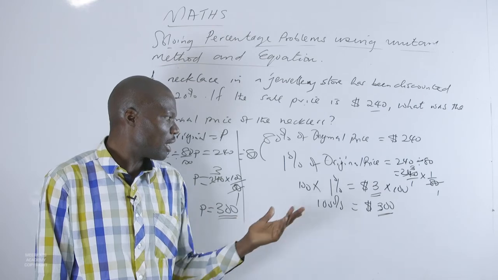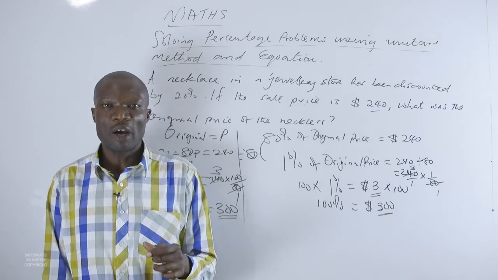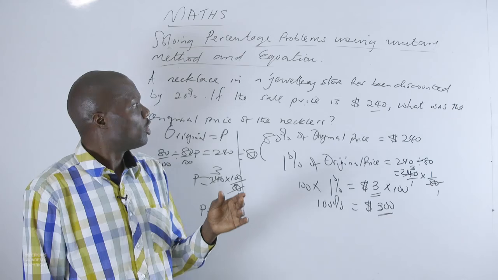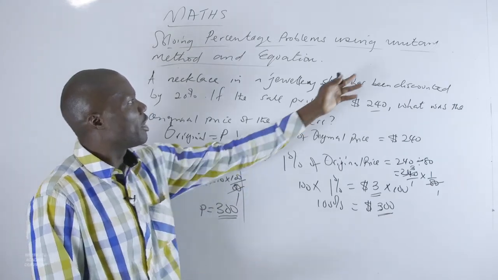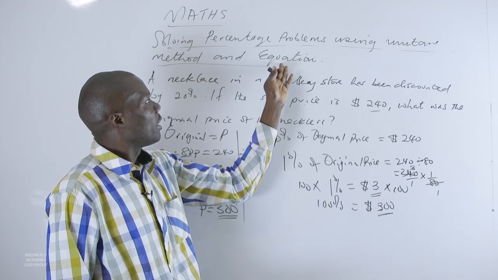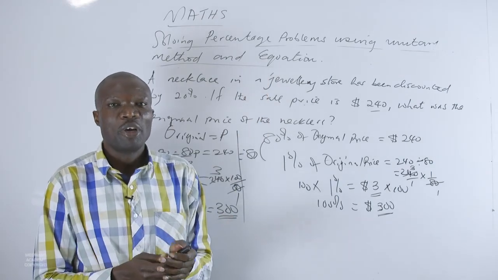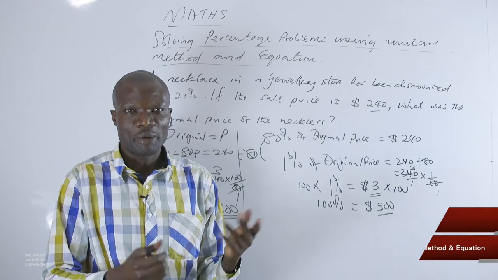By the end of this lesson today, I believe we are all able to apply both the unitary method and the equation to solve percentage problems on money matters and amount.